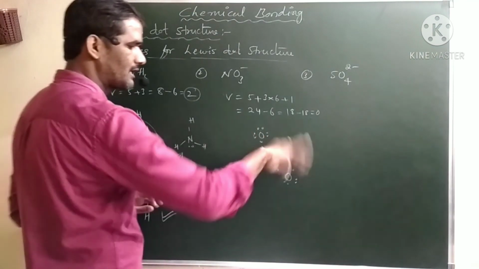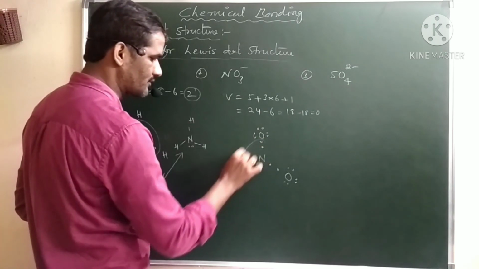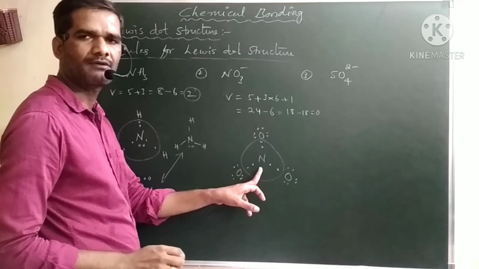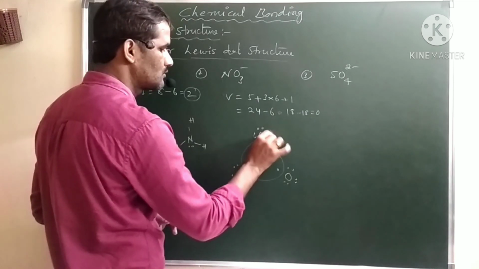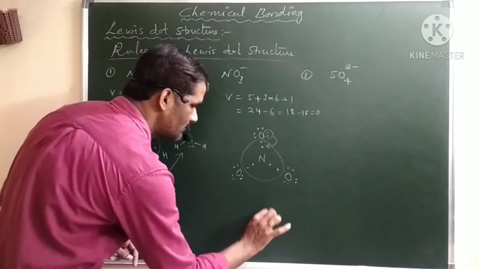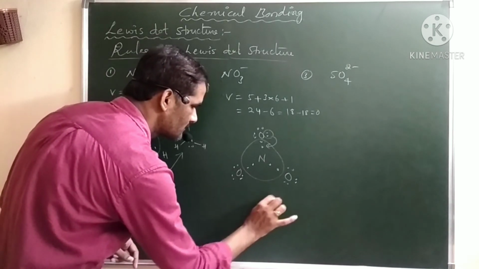Now see, the terminal atoms satisfied, but the central atom nitrogen has only 6 electrons. So it requires 2 more electrons. You can move 2 electrons from one of the oxygen atoms. Then that will give the overall structure.